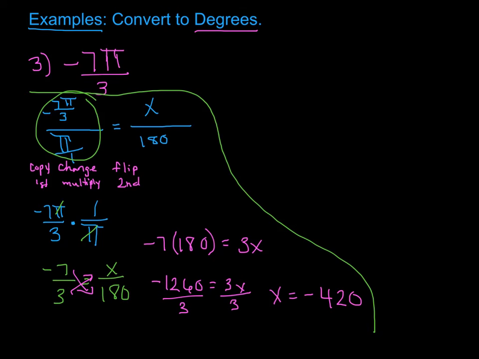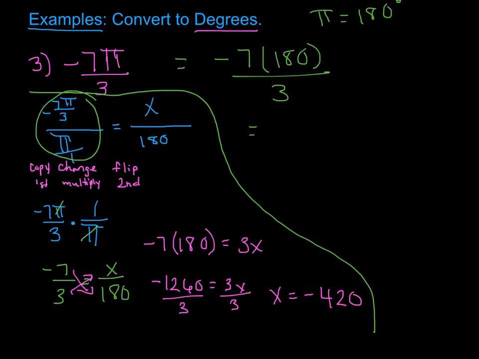The much easier way, since we know pi is equal to 180, 1 pi in radian measure is equal to 180 degrees. I can substitute in 180 into that pi. So I'm going to have negative 7 times 180 divided by 3.